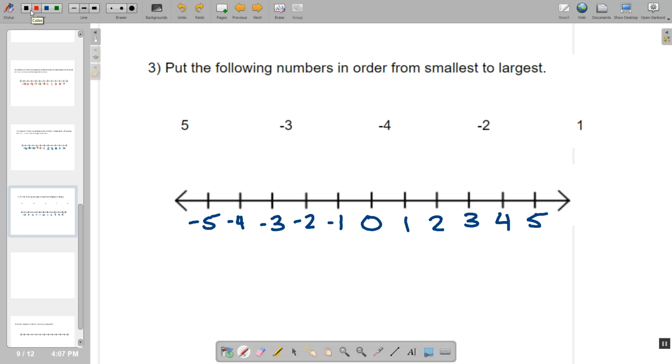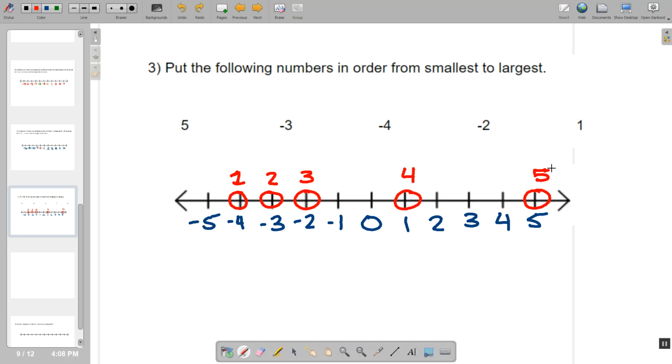What I want to do is circle each number on the number line. There we go. And now we're going to order them from smallest to largest. So this one is smallest, second smallest, third smallest, second biggest, and largest.